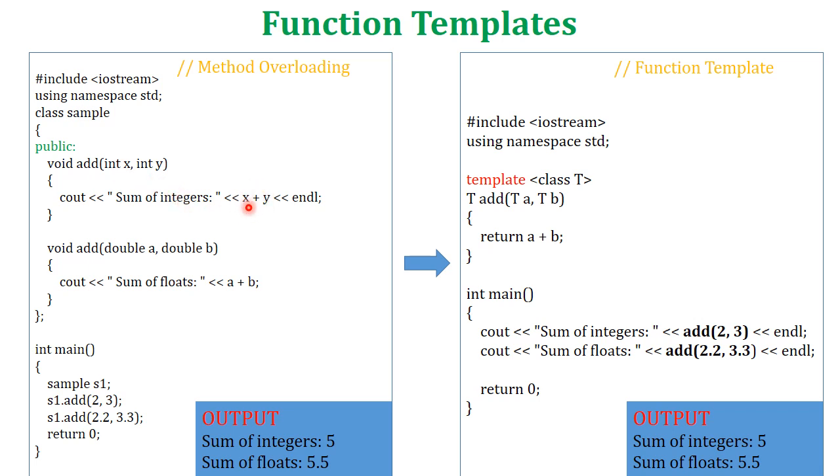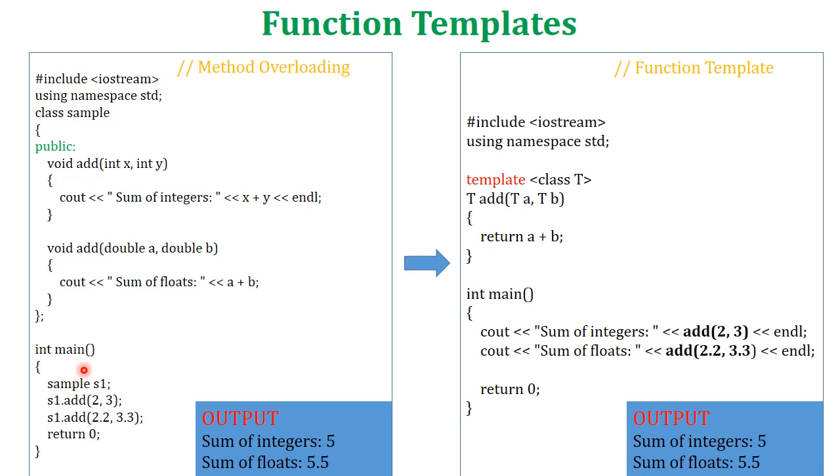Here we are doing the sum of two numbers. Followed by that we write one more function, void add, the parameters are double a and double b. Then we do the sum of the double values. So here the function name is the same, the parameters are different, and we are doing the same operation.